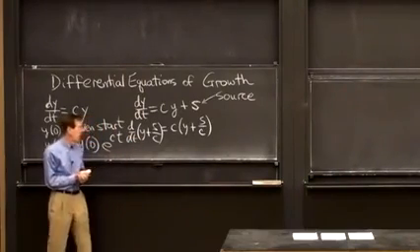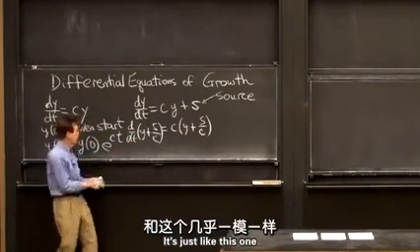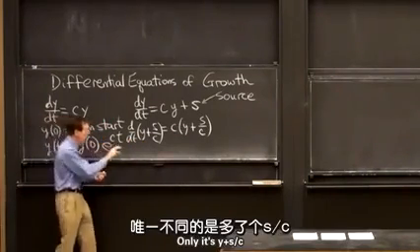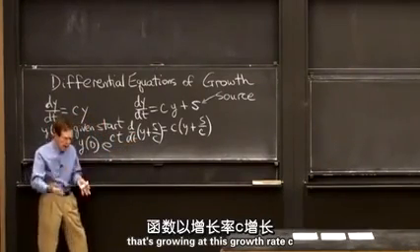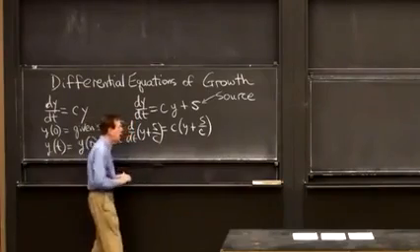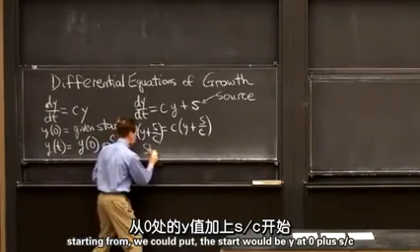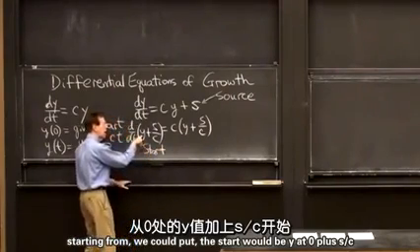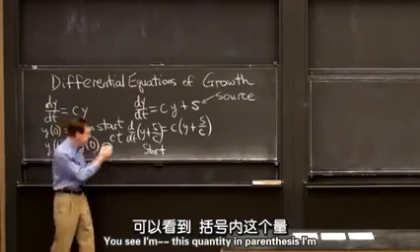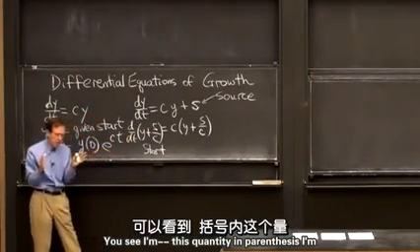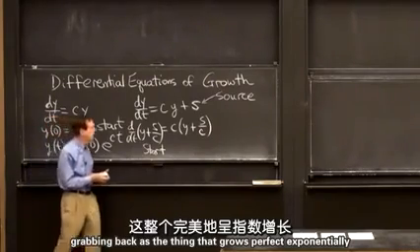But now look, we have this expression here that's just like this one, only it's y plus s over c, that's growing at this growth rate c, starting from y at 0 plus s over c. You see, this quantity in parentheses, I'm grabbing that as the thing that grows perfect exponentially.